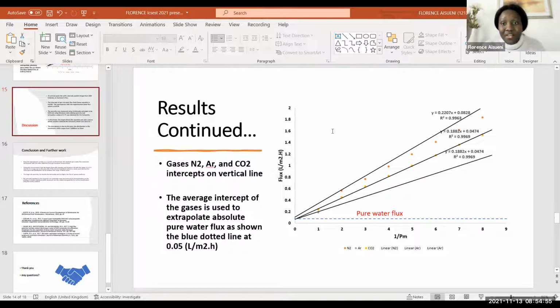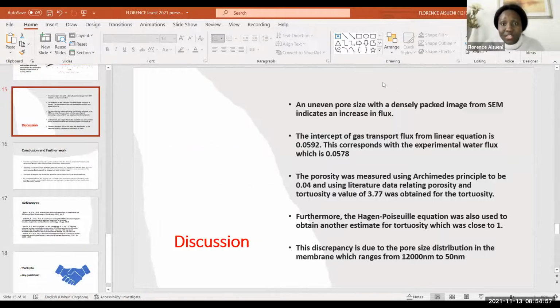We discovered eventually that an uneven pore size was depicted by the SEM result, and that the intercept of gas flux from the linear equation is 0.0592. This corresponds with the experimental water flux, which is 0.0578.